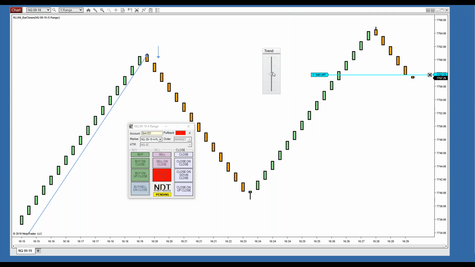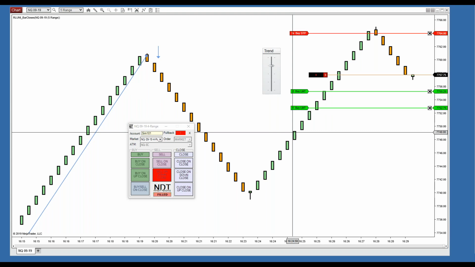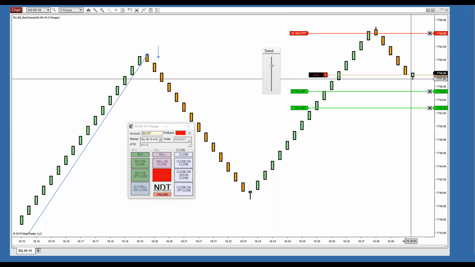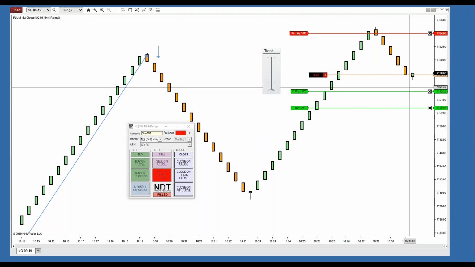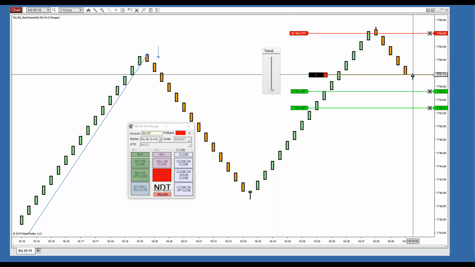Now you're not going to get it on this data feed like this. But if it was the normal market choppiness on a regular feed, now you see that 1 tick pullback puts you in the trade. And then if the market continues in the trend, you've just grabbed an extra tick on the trade.